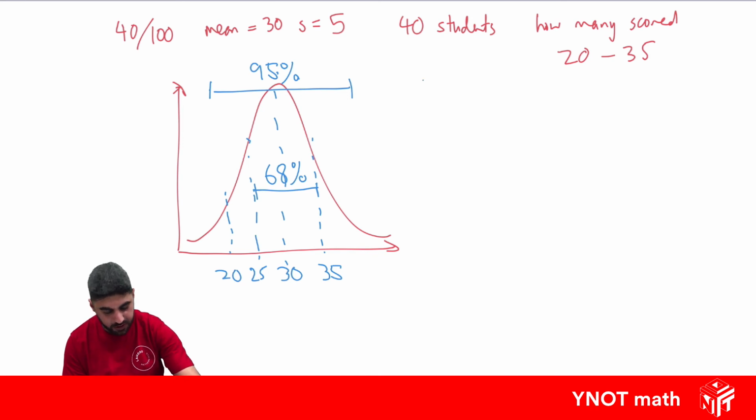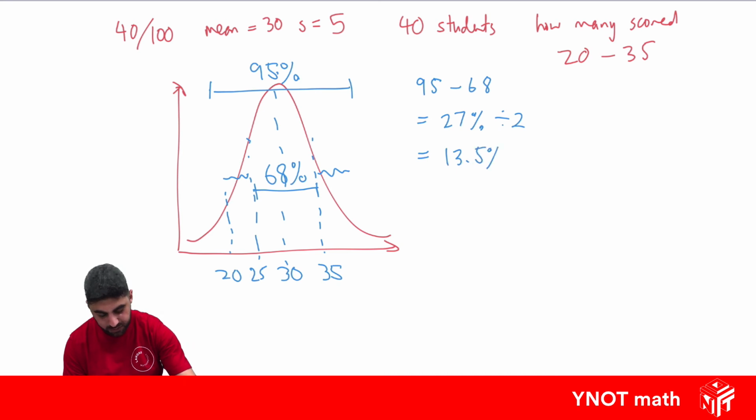So if we do 95 minus 68, that's going to give us 27%. And that's the leftover parts out here, the 27. That's from there to there. And if we divide that by 2, it's going to tell us what each one of those things is worth. And we're going to get 13.5%. So this little bit here is 13.5%, and this little bit all the way to 40 is another 13.5%.